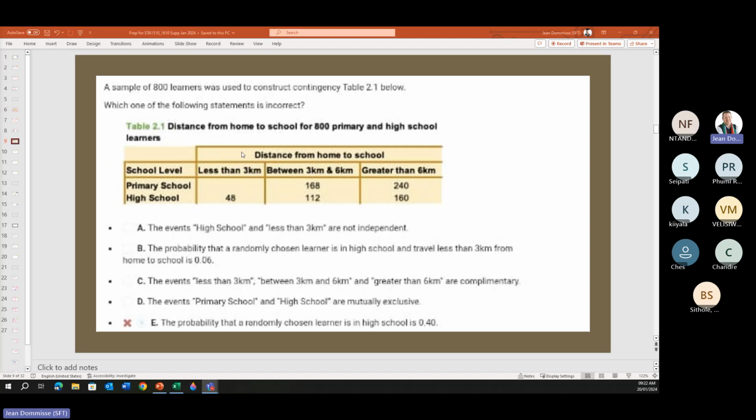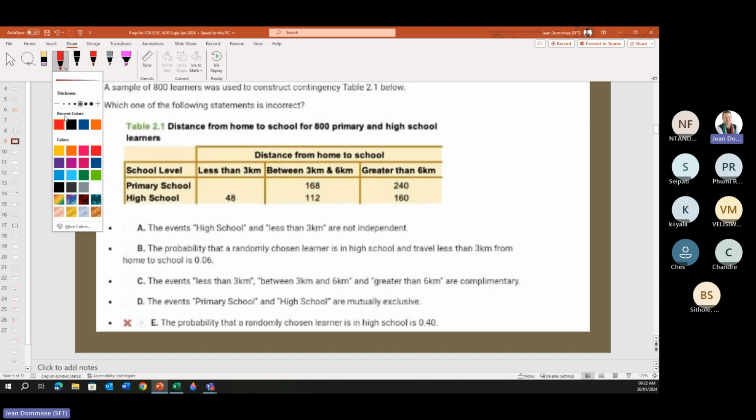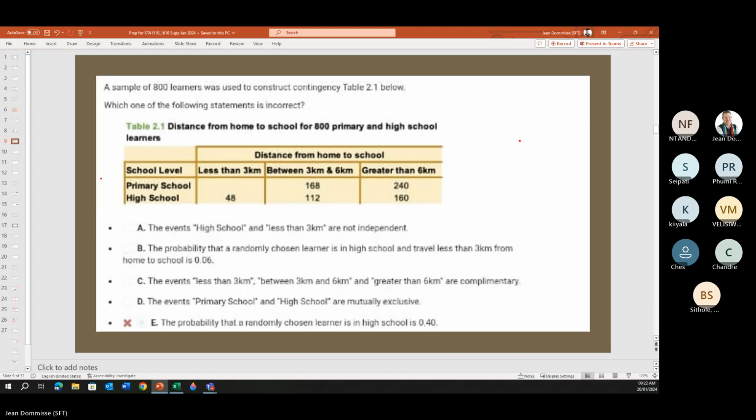So let's quickly see what they are asking us. They're giving us data. They tell us 800 learners. There is an opening, so we need to complete that, but let's wait until we get something with primary and less than to do that.